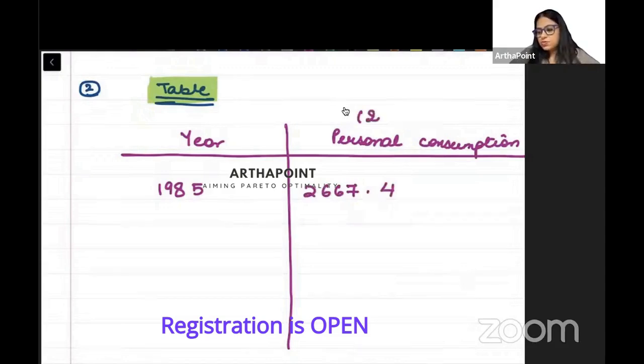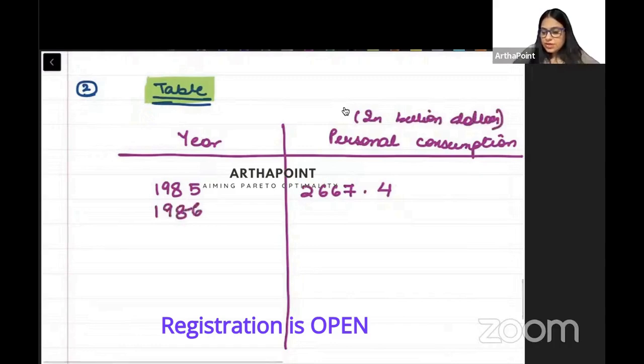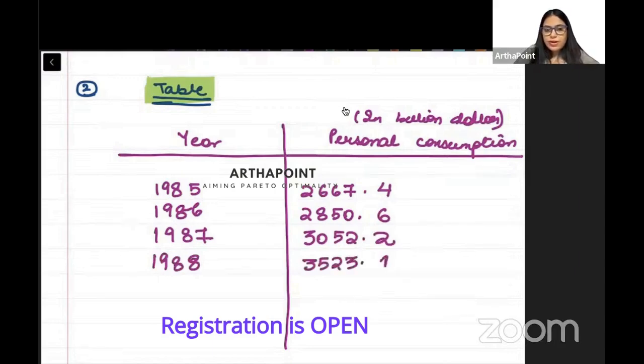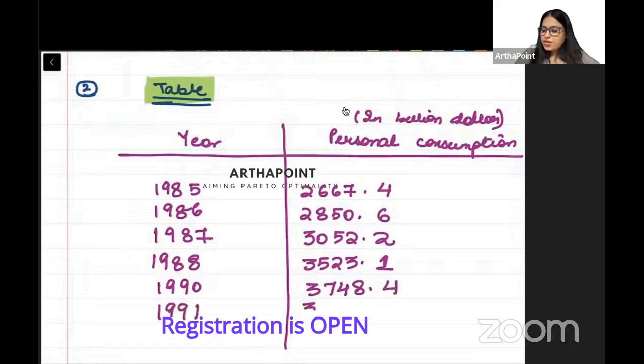This is in billion dollars. है ना? फिर in 1986, consumption was $2850.6 billion. In 1987, consumption was $3052.2 billion. In 1988, consumption was $3523.1 billion. In 1990, consumption was $3748.4 billion. 1991, consumption ये था.